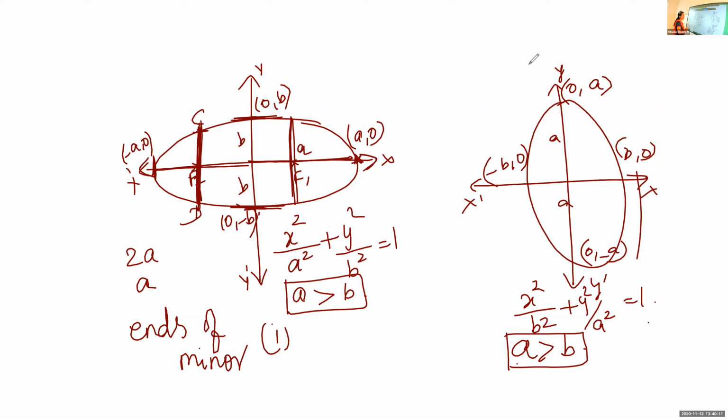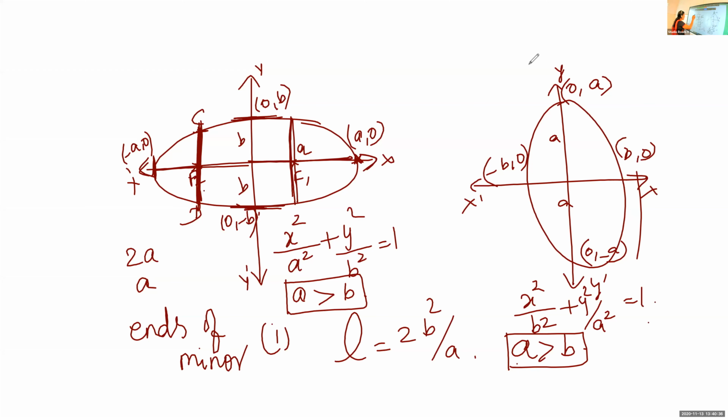The length of the latus rectum is given by 2b square by A. What is meant by latus rectum?